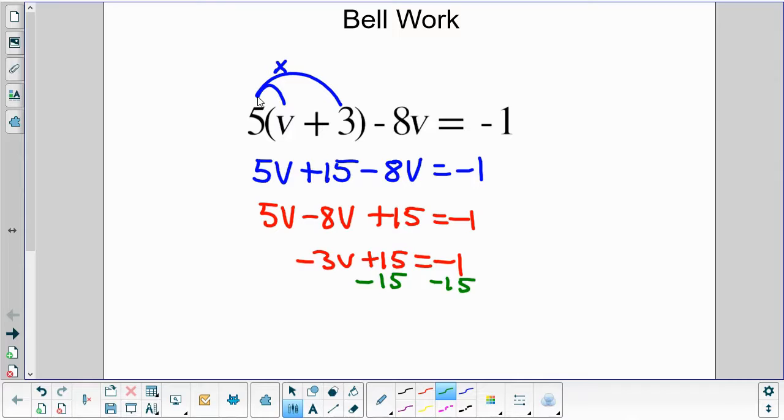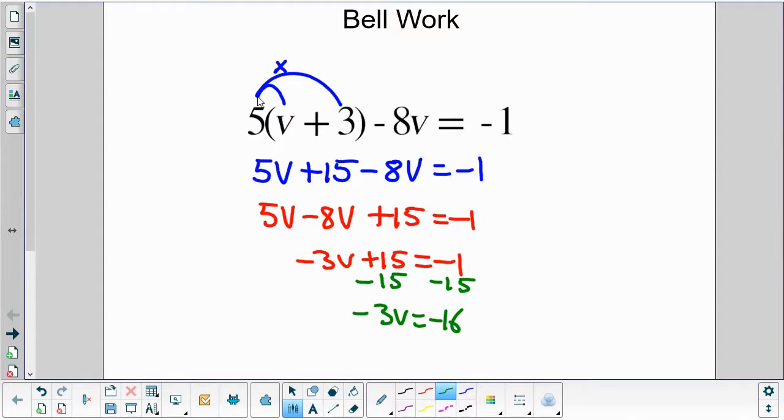And I'm thinking about this. We're going to end up with a decimal on this, but that's probably okay because sometimes in life we do get decimals. In fact, whenever we go to the store, we get a decimal, right? So we're going to end up with negative 3v equals negative 16. And when you divide by negative 3 on both sides, you'll get your final answer.